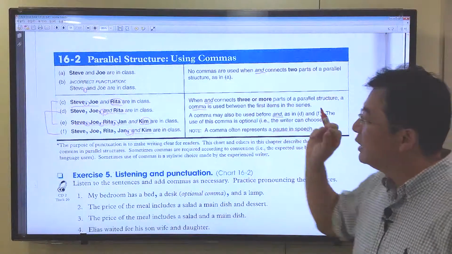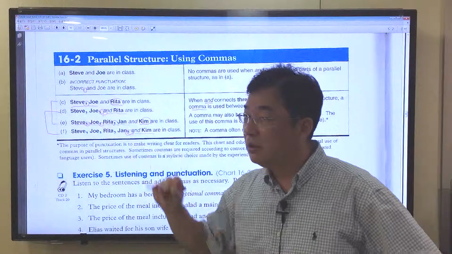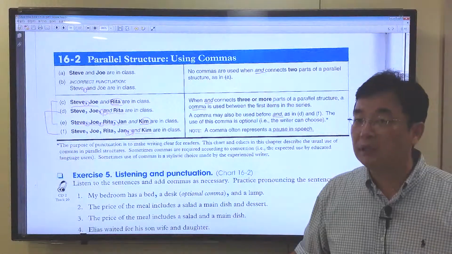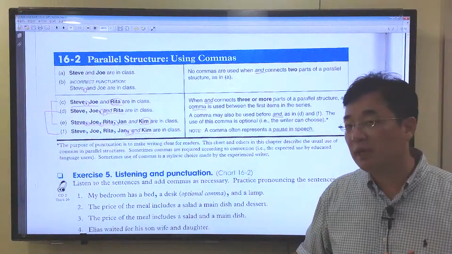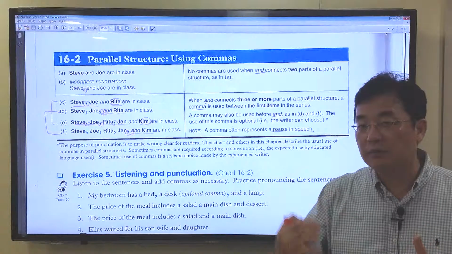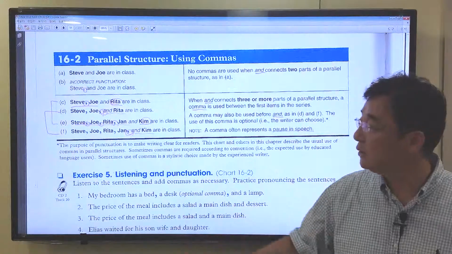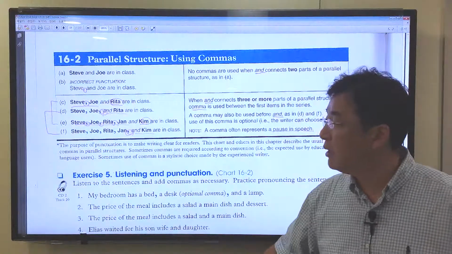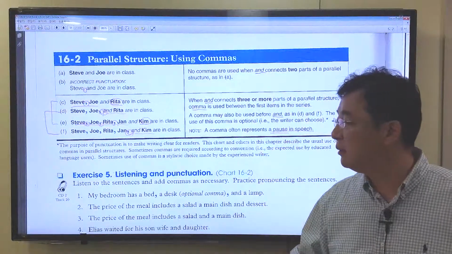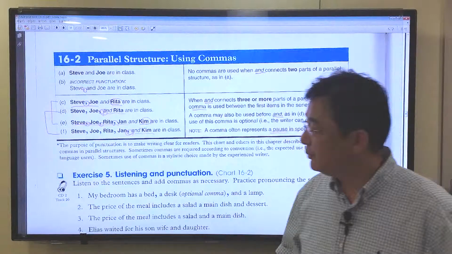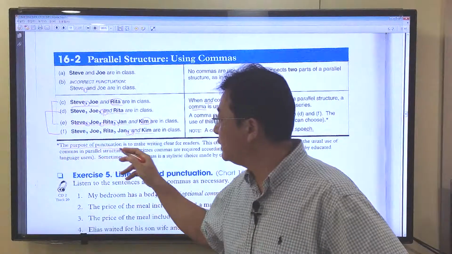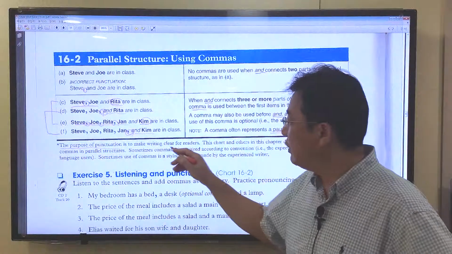When you're writing, if you don't write, commas aren't visible, right? However, in speech, a comma means a pause. If somebody pauses while putting items in a row in a parallel structure, it marks a brief rest in speaking. The purpose of punctuation, of any such mark, is to make writing clear for readers.